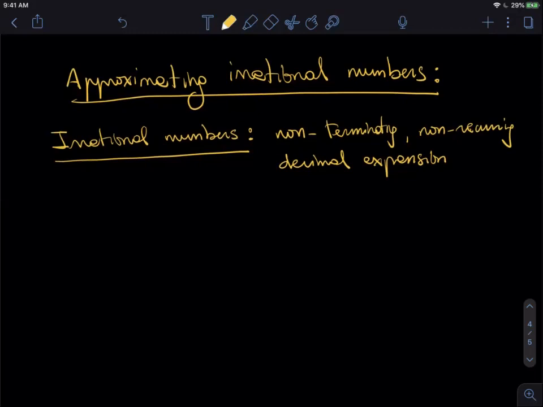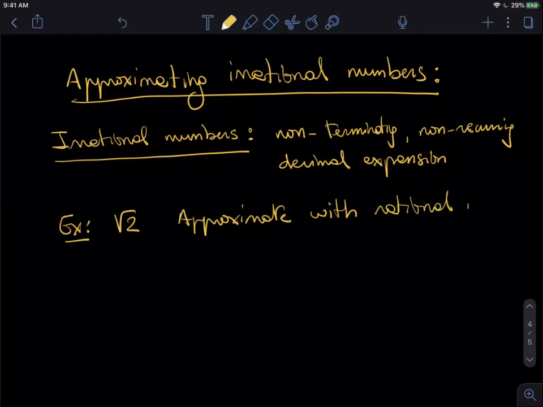But let's say I give you the square root of 2, and I want to approximate it with rational numbers with 2 digits of precision.